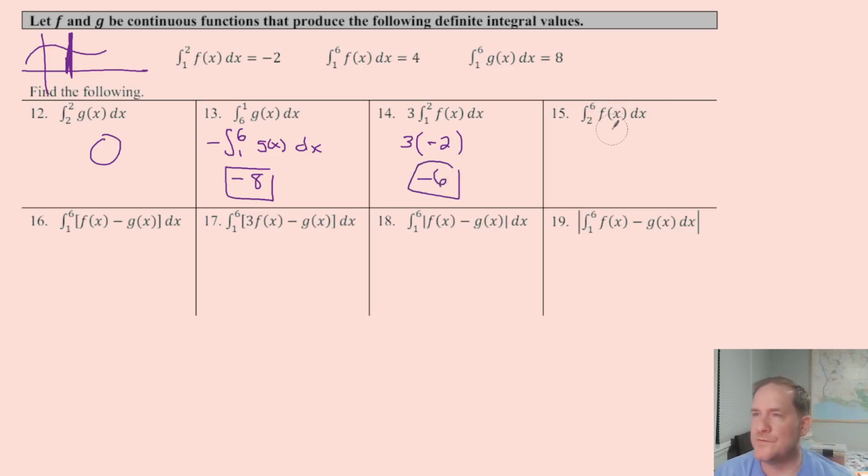And this one goes from 2 to 6. Which we can do, because we know that this goes from 1 to 2. No, we can't. What's the matter with me? I'm trying to go from 2 to 6.